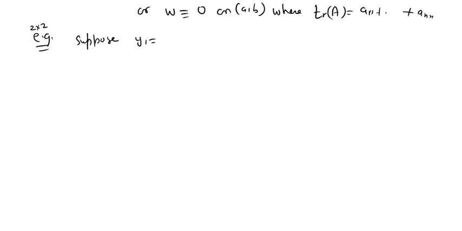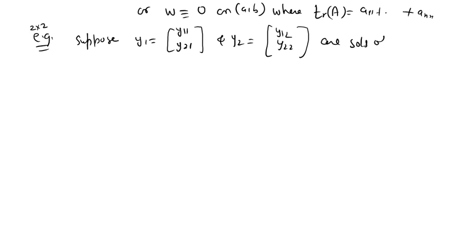Let us take y1 with entries y11 and y21, and y2 with entries y12 and y22. These are solutions of the 2 cross 2 system Y' = AY on any interval AB.